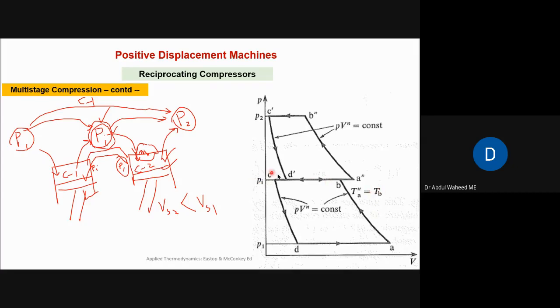Now it enters at the same temperature in the second stage compressor, because we are assuming here कि ये जो pipe connect कर रहा है two compressors को, there is no pressure drop, there is no temperature drop in these two compressors. So no temperature drop, it means कि it will enter at the same temperature. So वही temperature will further rise होगा. It means कि जो temperature वाला effect है, that is still not taken care of.